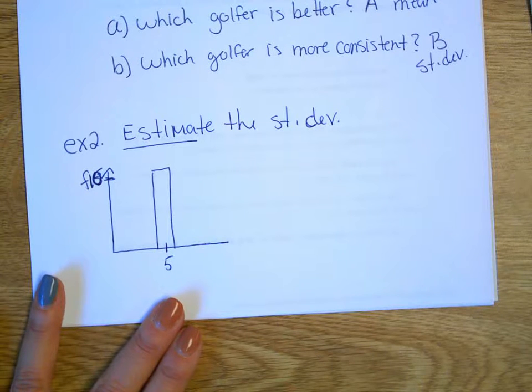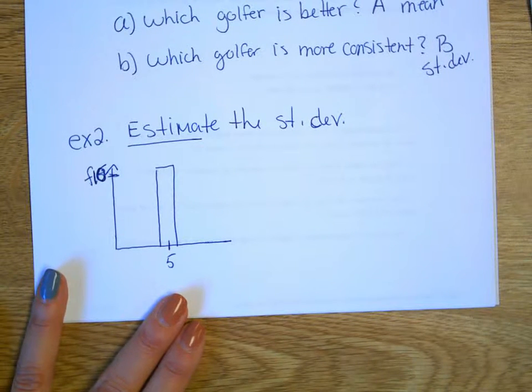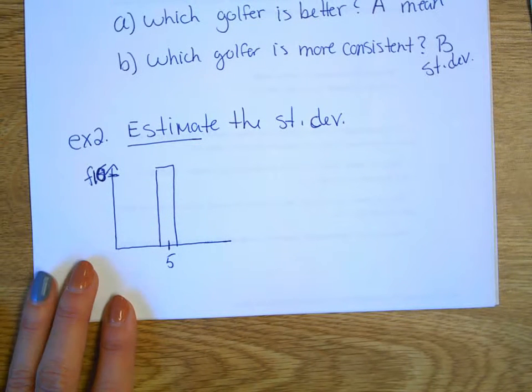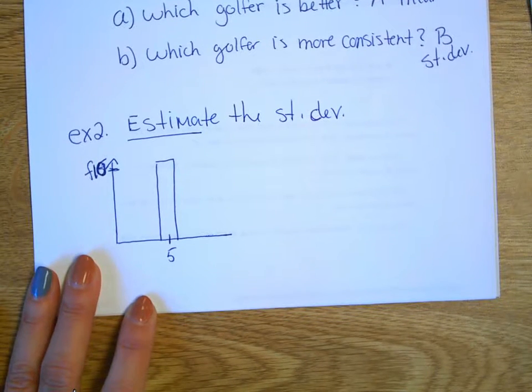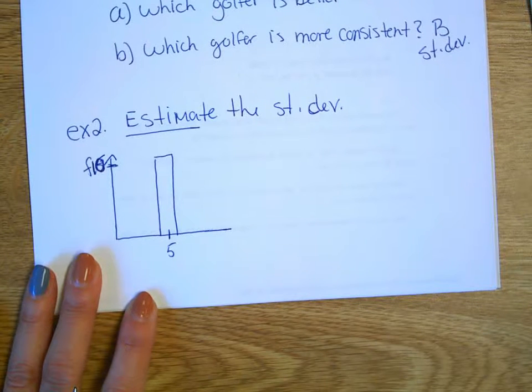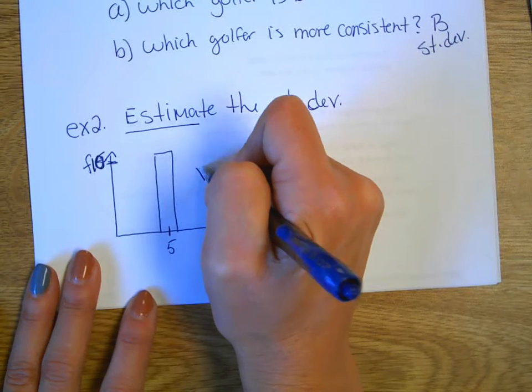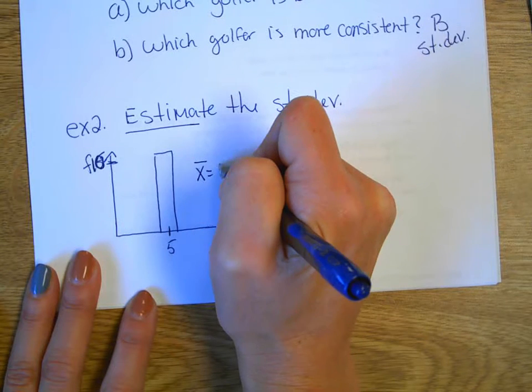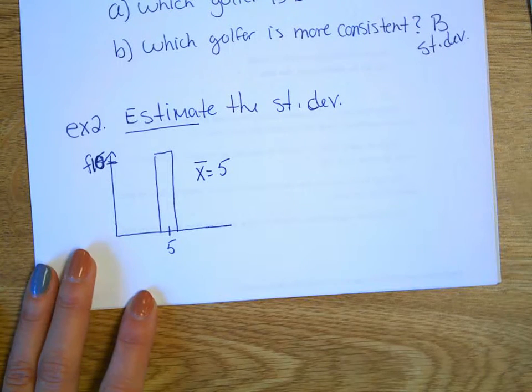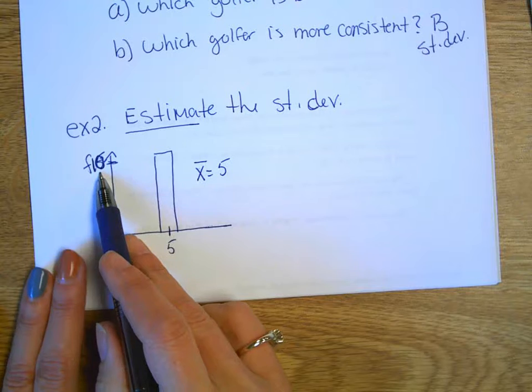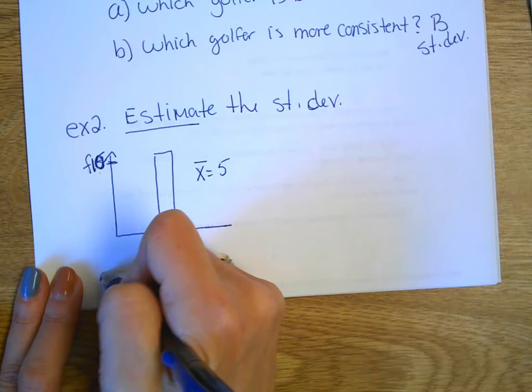That's what this graph is showing. Can you estimate the mean of this set? What's the mean of 10 5s? 5. There's 10 data values, and they're all 5s.